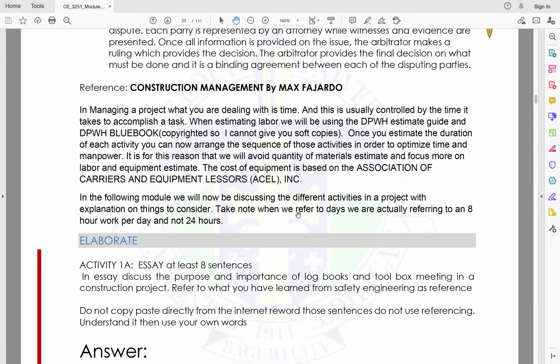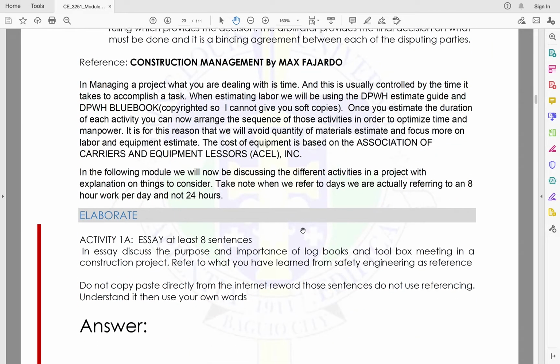Take note, when we refer to days, we are actually referring to an 8-hour workday and not 24 hours. I repeat, pag sinasabi nating one workday, that is equivalent to 8-hour working time. Okay? Hindi tayo nagre-refer sa 24 hours when we are speaking of working hours. Okay? So that sums up module 1.